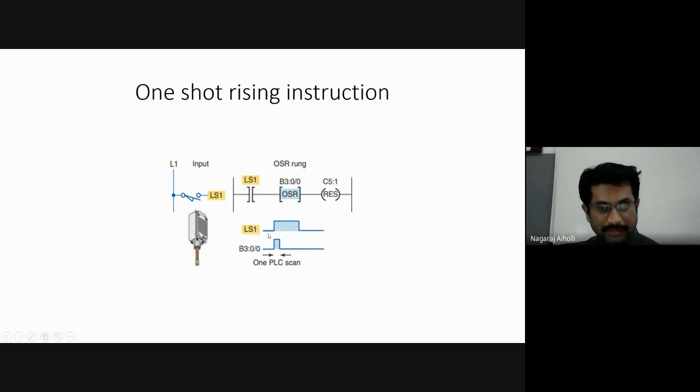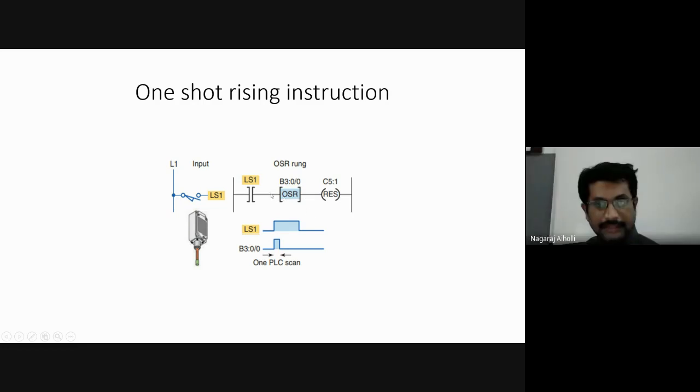Look into the timing diagram. This is LS1. That is, we are pressing the limit switch, so it is going from low to high. As it goes from low to high, this LS1 contact, examine if closed, is true. So this rung becomes true. The OSR rung becomes true.